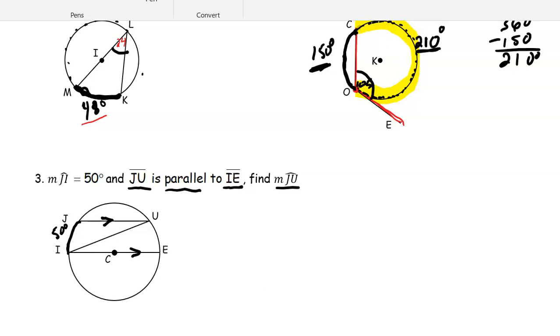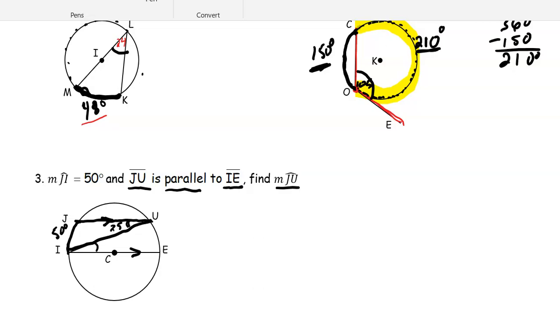The fact that these guys are parallel tells us that our alternate interior angles are congruent, things like that. But what it also tells us then, if these are going to be congruent, is that the inscribed angle, so angle U to J in here, would have to be 25 degrees.